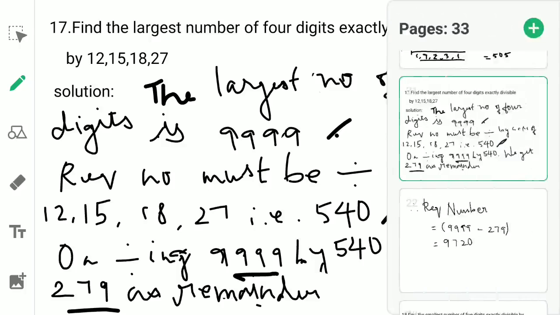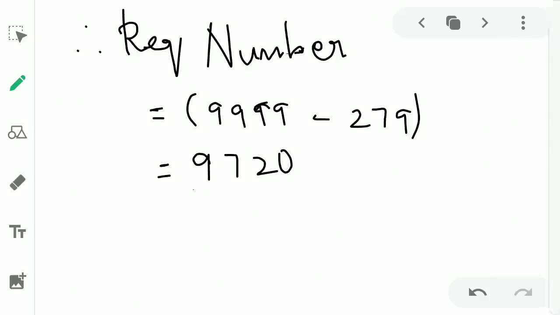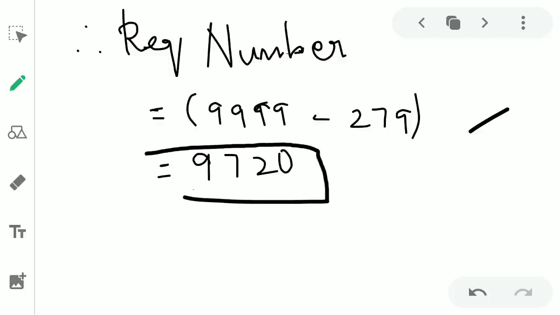So the required number equals 9999 minus 279. You will get the answer as 9720. I will divide and show it to you.